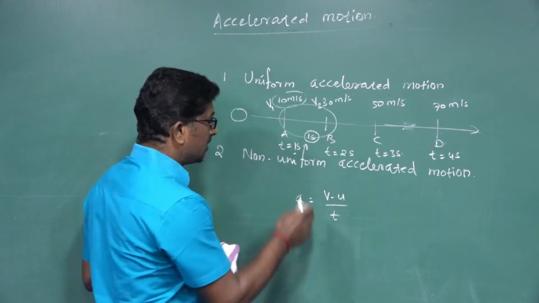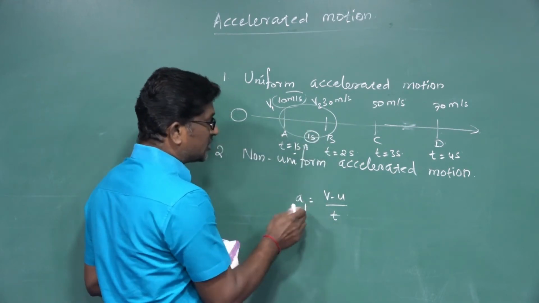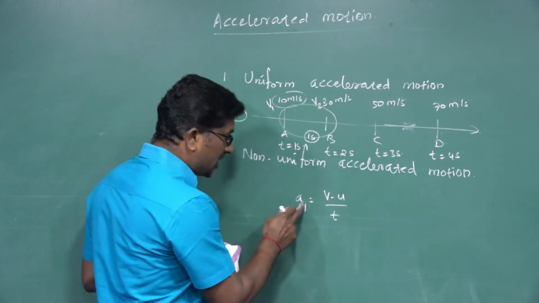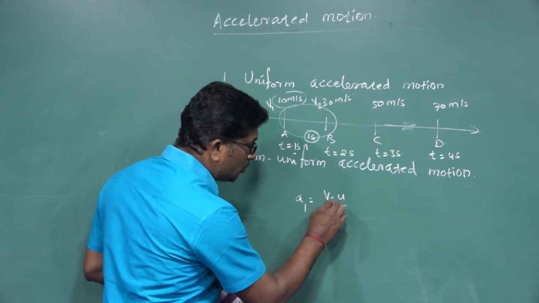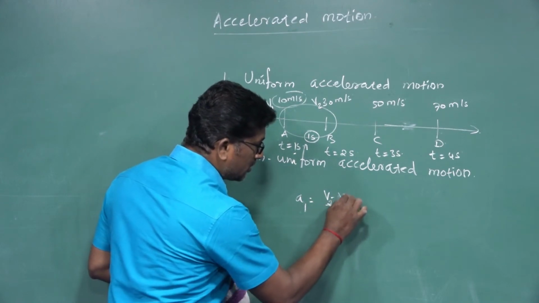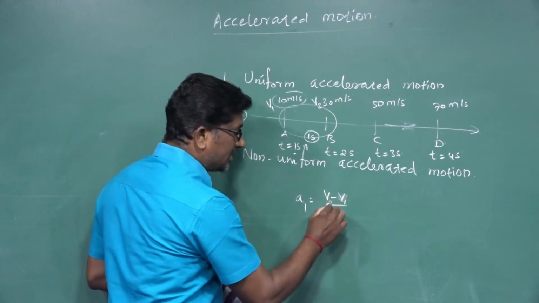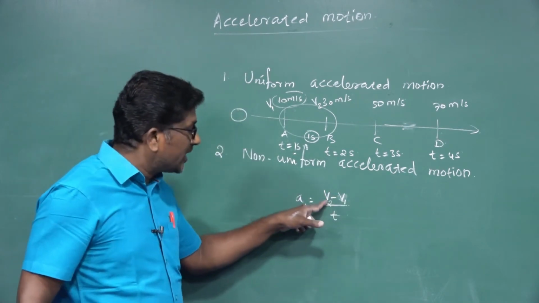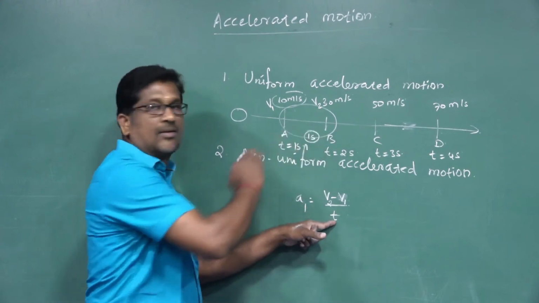The acceleration during this time interval is taken as A1. So A1 is equal to (V2 minus V1) divided by t, where V1 is the initial velocity, V2 is the final velocity and t is the time interval.